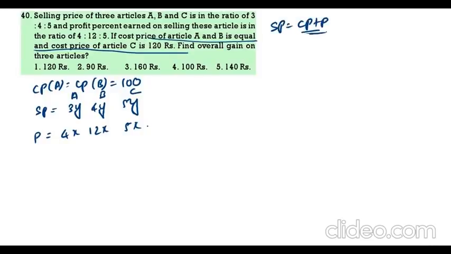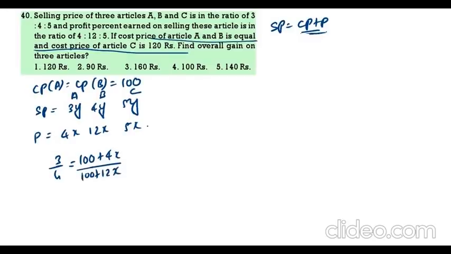Now see, selling price of A and B, 3y and 4y, or you can take directly 3 by 4, is equal to cost price plus profit. Cost price of A I am taking 100, profit of A is 4x by 100 plus 12x.